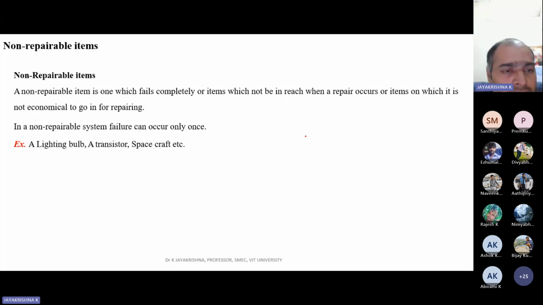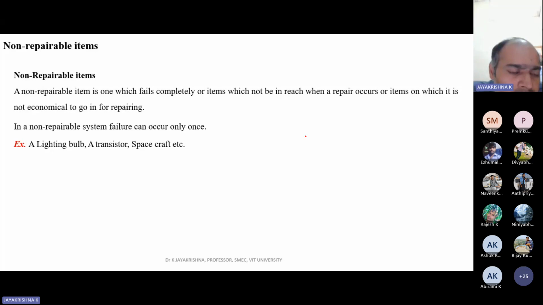Now it is not even possible for us to repair it. If I want to repair the tire, it won't be able to deliver its original functionality, what it is intended to by design, or the repairing of a blasted tire is more costly. So now that becomes a non-repairable item.